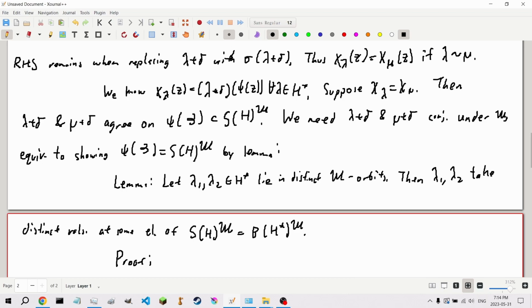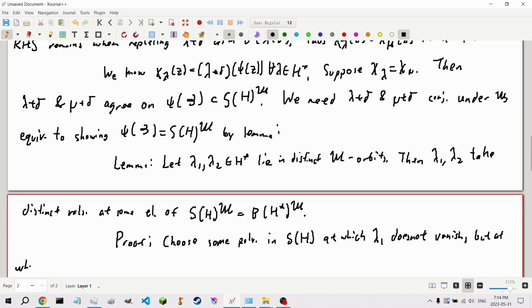Now, choose some polynomial on H at which lambda 1 does not vanish but at which all other Weyl conjugates of lambda 1 and all Weyl conjugates of lambda 2 vanish.